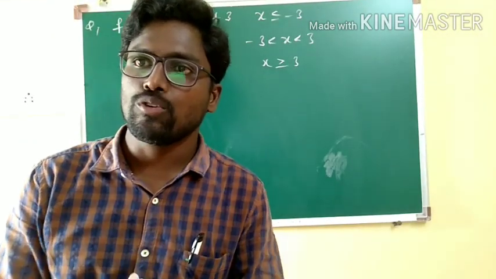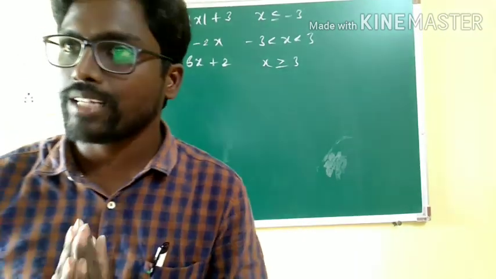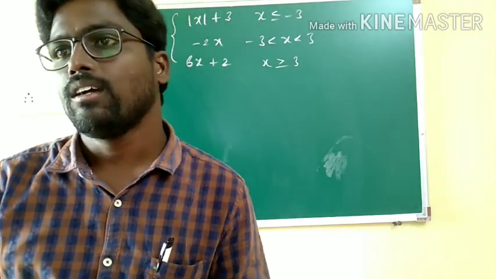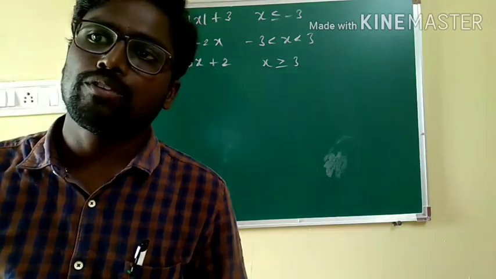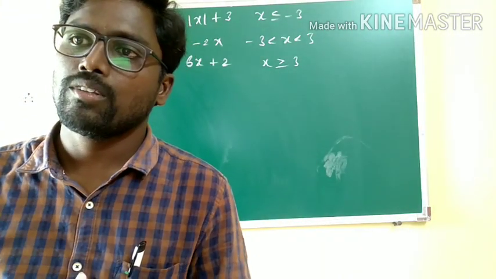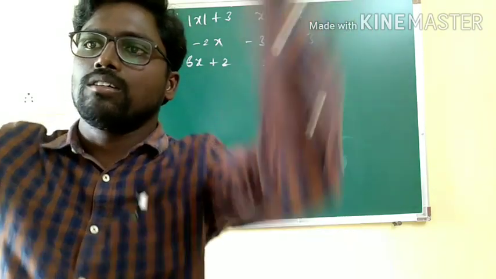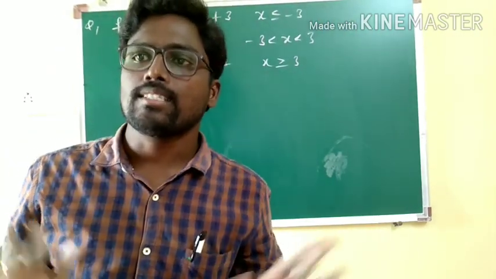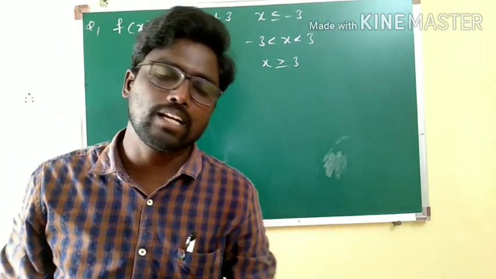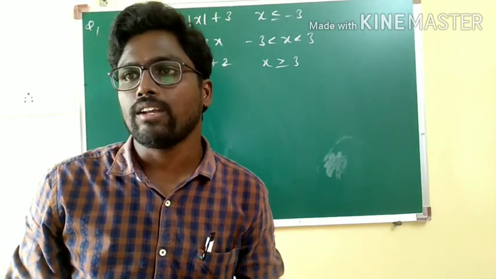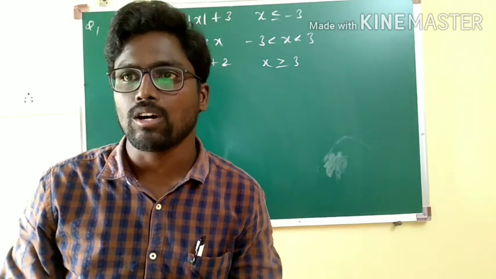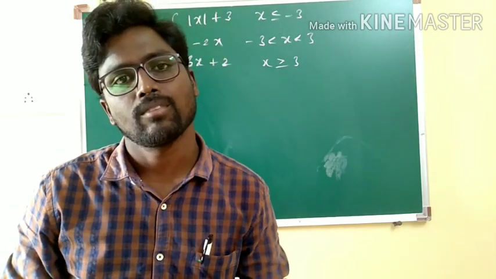Here we are asked to check the points of discontinuity, and the function is in terms of mod x. Means what shall we do? Let's consider that according to the given intervals, as we discussed in the previous case, in the interval minus 3 comma plus 3 we'll talk about its continuity.